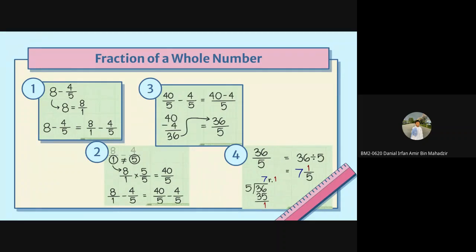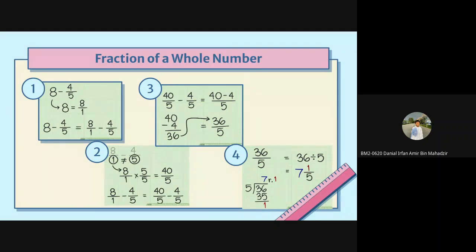Then we must change the denominator to make it the same. So as we can see, 8 over 1, the denominator 1 becomes 5 by times 5. So when the denominator is times 5, the numerator also times by 5, so that equals 40 over 5.